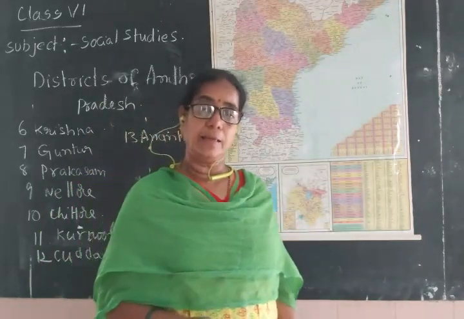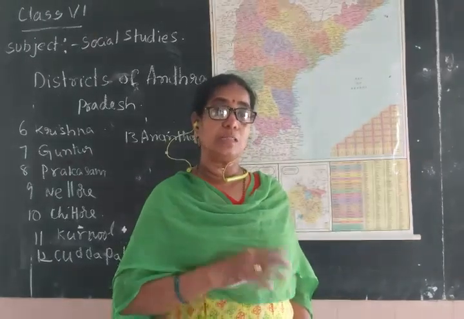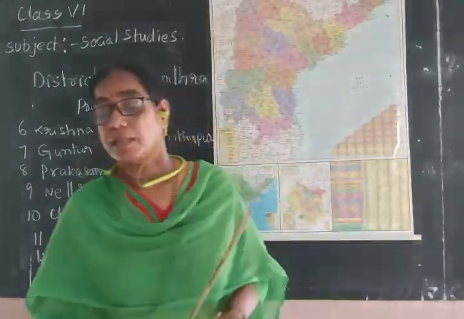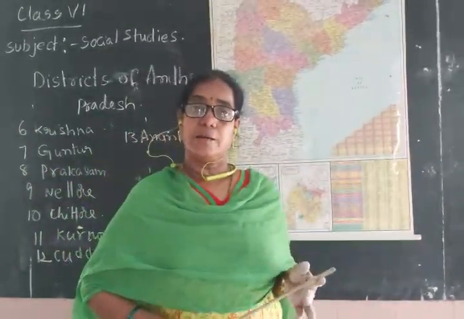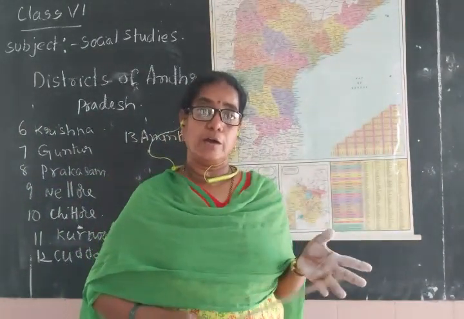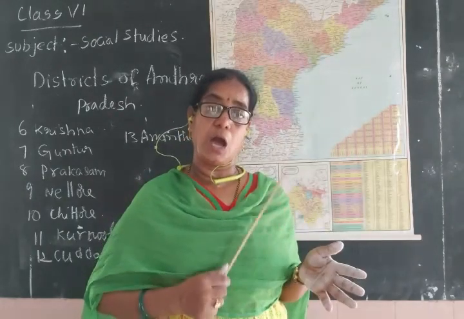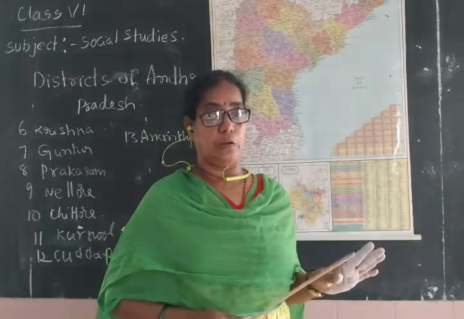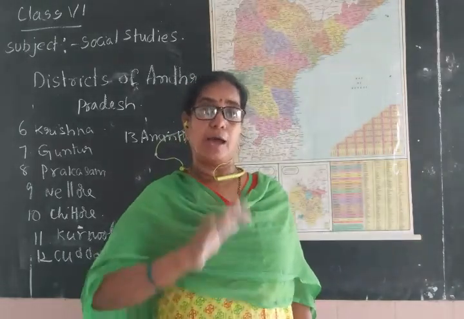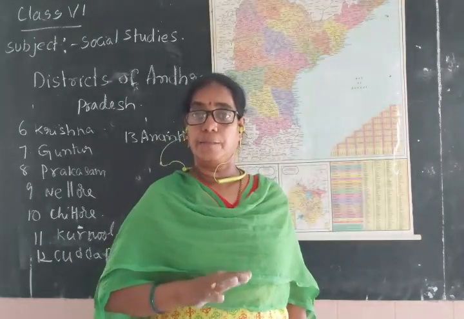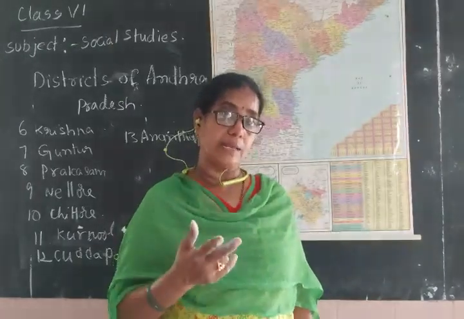Again I am repeating. In Andhra Pradesh, total 13 districts are there. They are Srikakulam, Vijayanagaram, Visakhapatnam, East Godavari, West Godavari, Krishna, Guntur, Prakasam, Nellore, and Chittoor, Kadapa, Kurnool, Anantapur. These are divided into two categories.